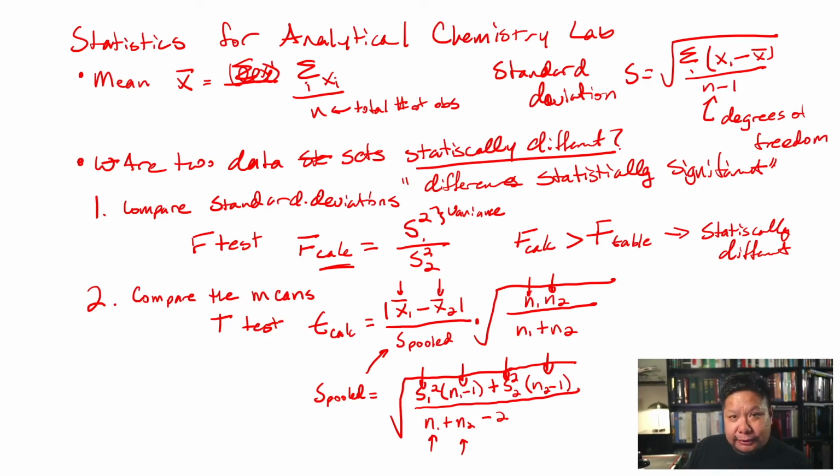Okay? So after all that is said and done, and you get the t-calc, if t-calc is greater than t-table, the t-value found in the table of t-values, then your data sets are statistically different.